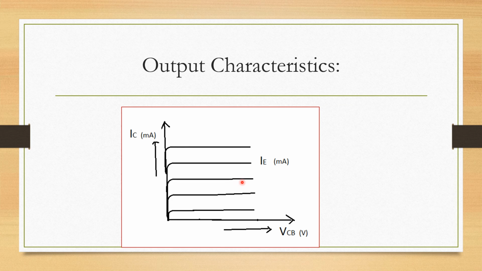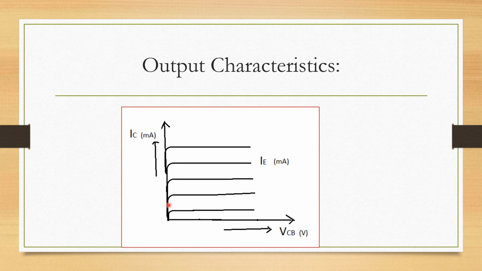Okay. And this shows that the collector current is independent of collector base voltage and depends upon the emitter current only.